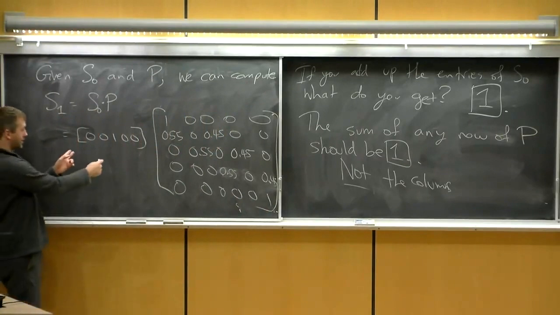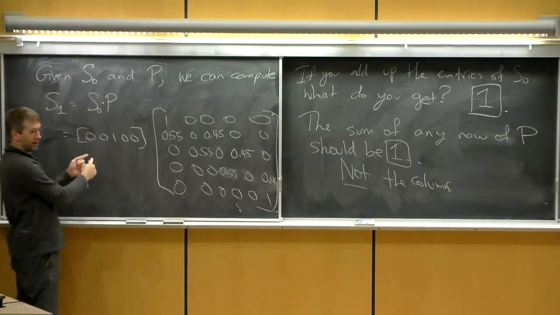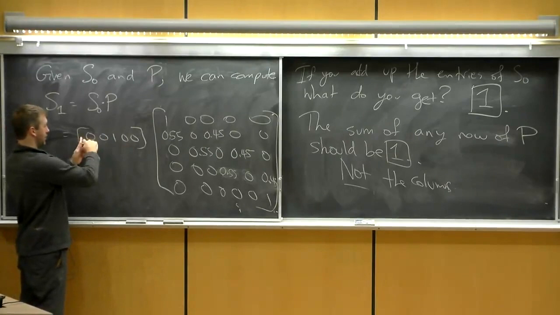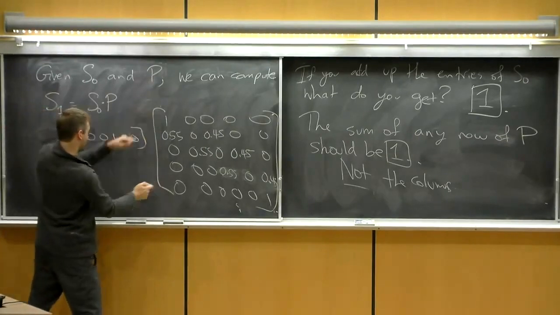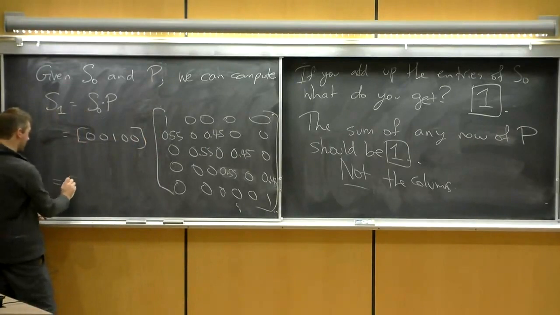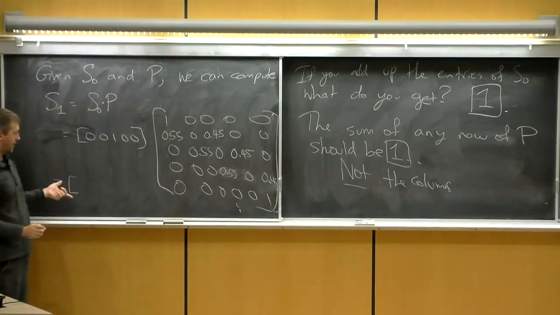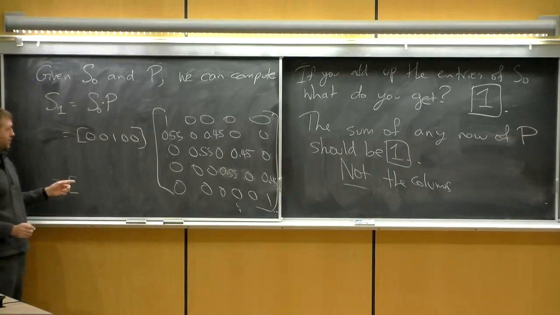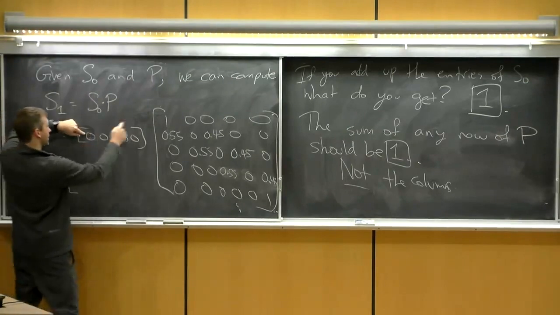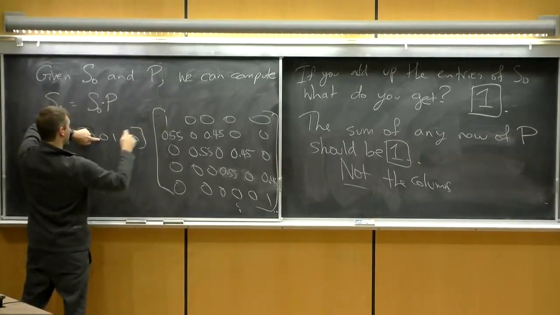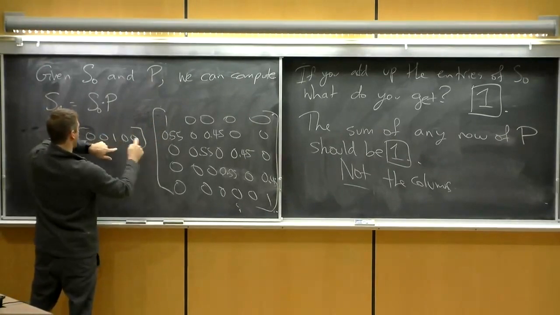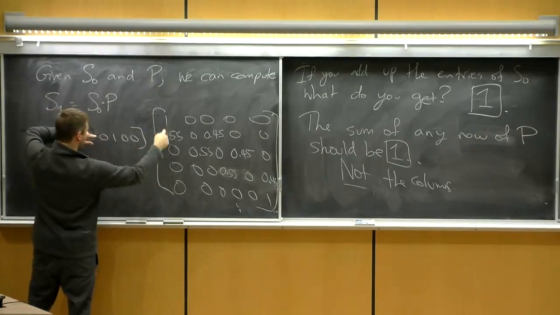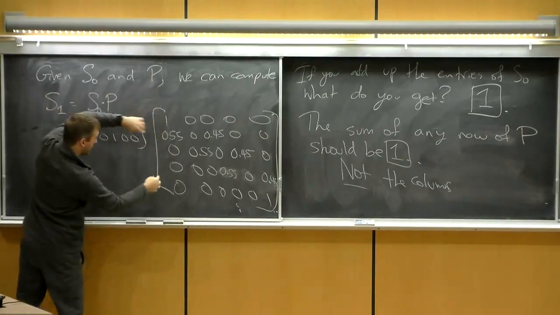But if we apply this matrix multiplication, remember how that works. We take this row, and we multiply it down this column. And that should give us the entry in the first row and first column of this matrix. So I get 0 times 1, 0 times 0.55, or sorry, 1 times 0. So everything is 0 when I multiply here.